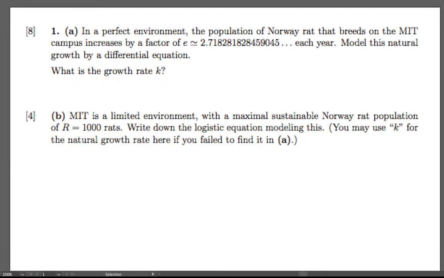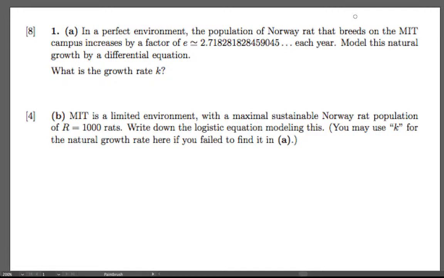We just started straight away with this Norway rat problem that breeds on the campus, increases by a factor of e each year. So this thing is going to be natural growth. So let's just write the answer.